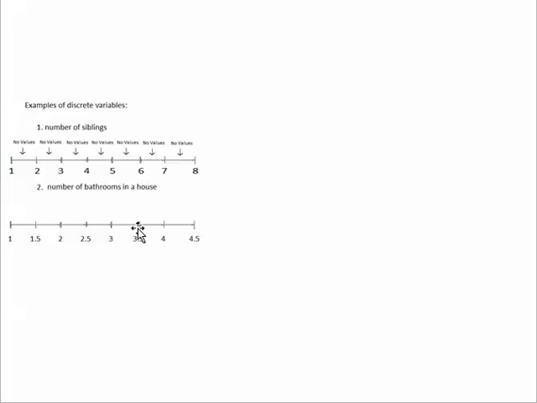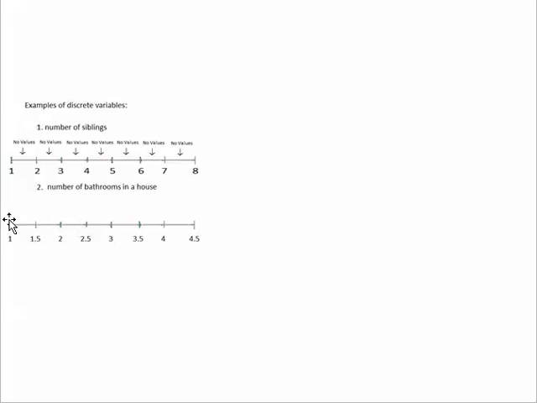For example, there's no such thing as a quarter bathroom, so a house couldn't have 1.25 bathrooms right here. A house also can't have 1.3, 1.9, or 2.2 bathrooms.